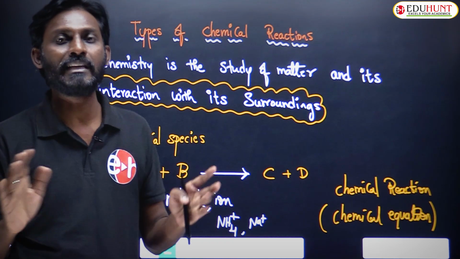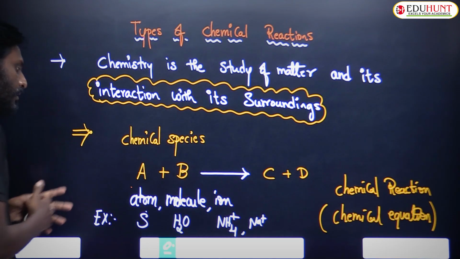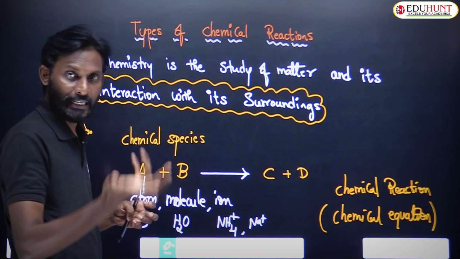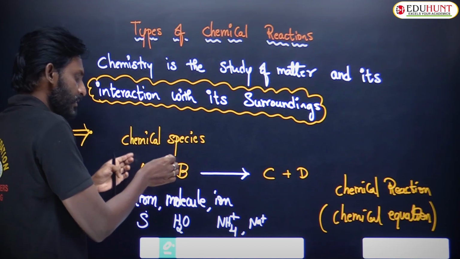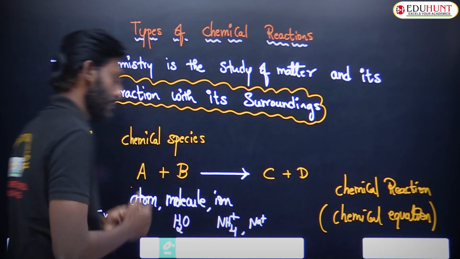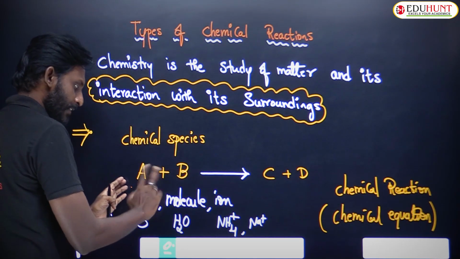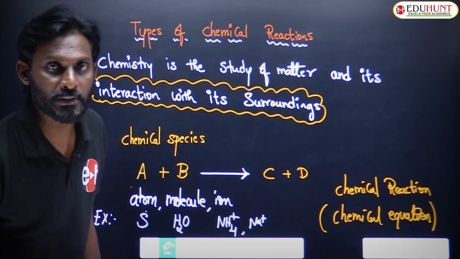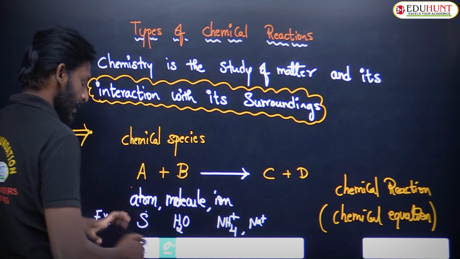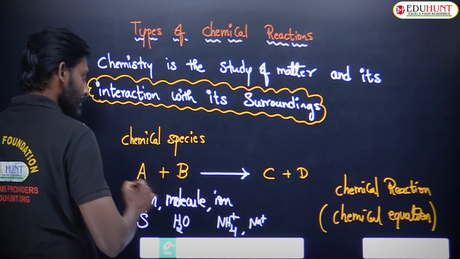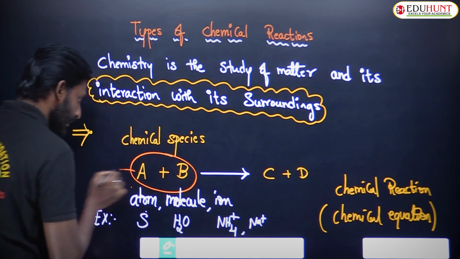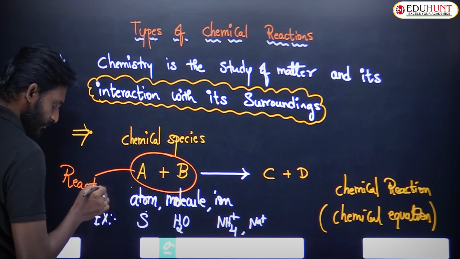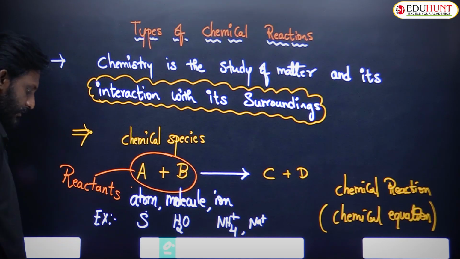What you can see fundamentally in a chemical equation is an arrow mark. This arrow mark indicates that these chemical species are converting into these chemical species. To the left side you have one set of chemical species, and to the right side a different set. These chemical species are called reactants.